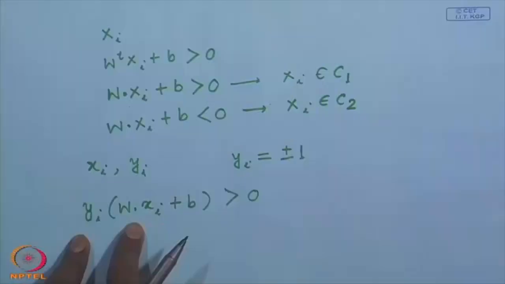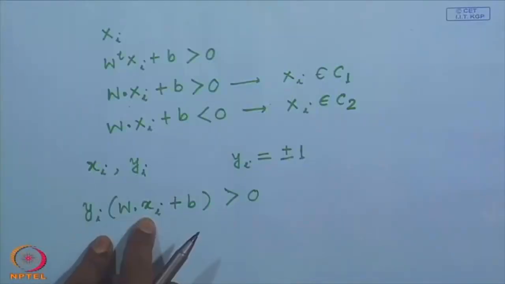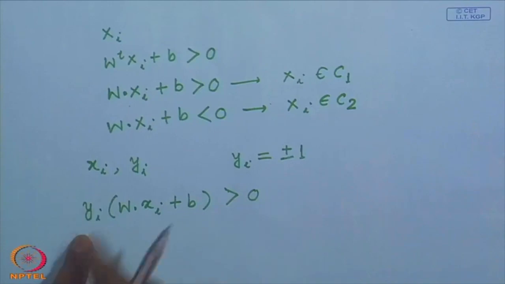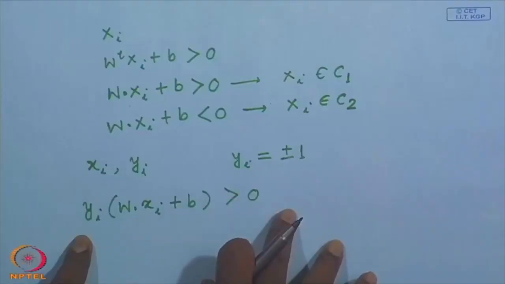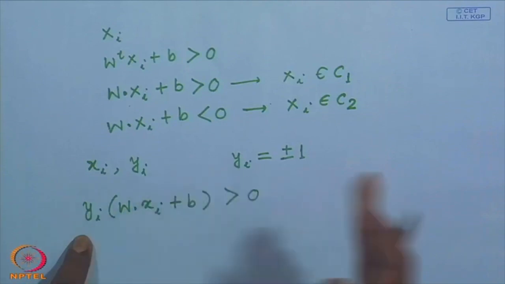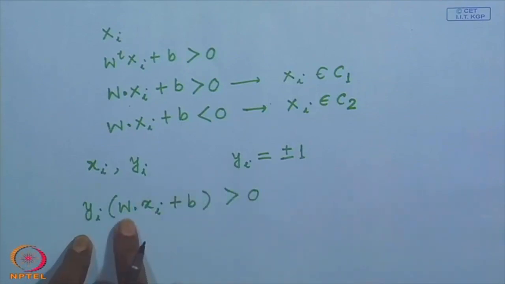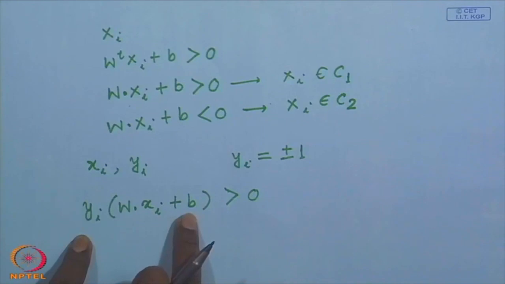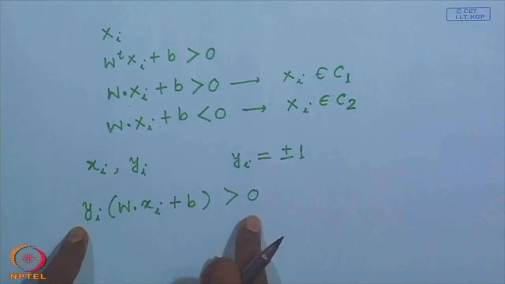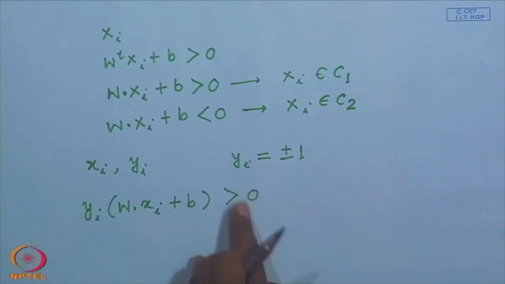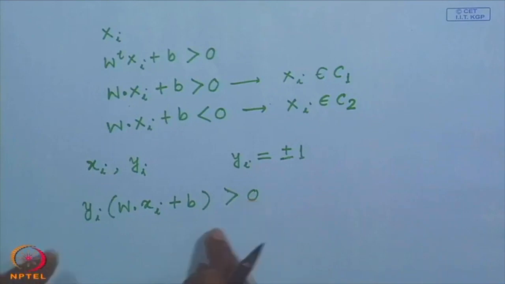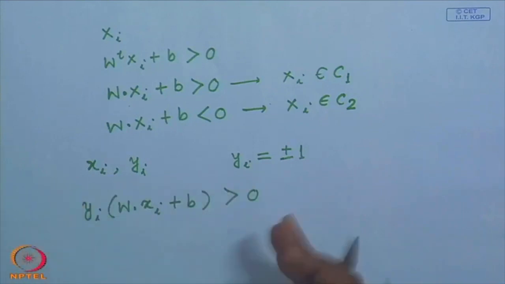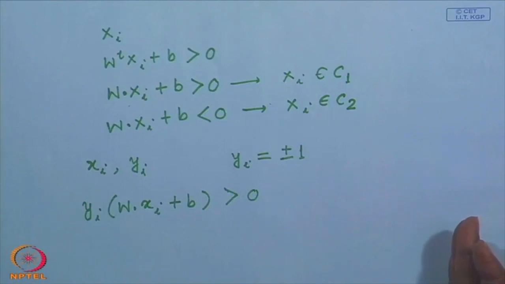Because if x_i belongs to class C1, then W dot x_i plus b is positive, y_i is also positive, so this product will be positive. If x_i belongs to class C2, then W dot x_i plus b will be negative, y_i is also minus 1. So you take the product of these two, the product term will be positive. Using this concept, I can go for the designing of the classifier.